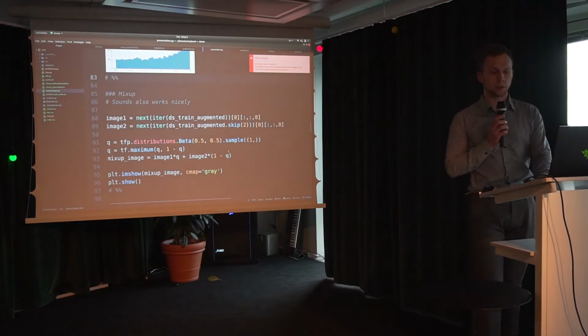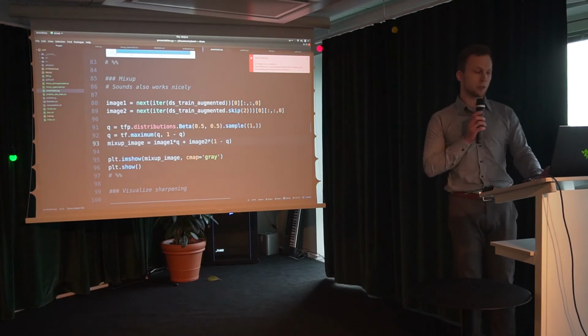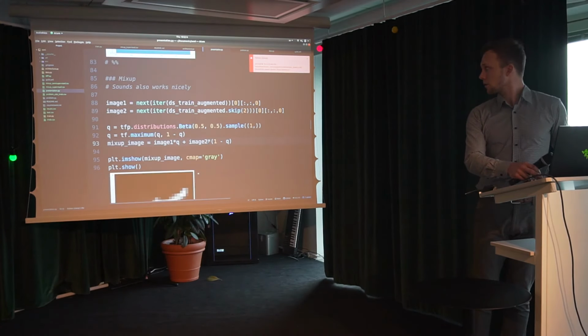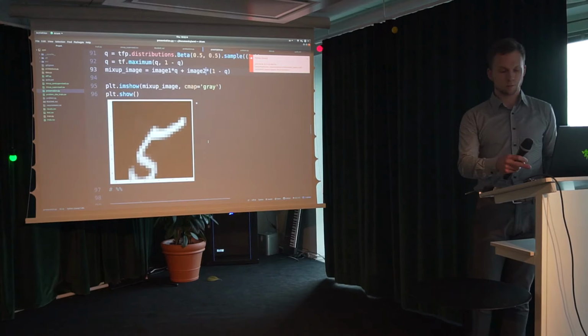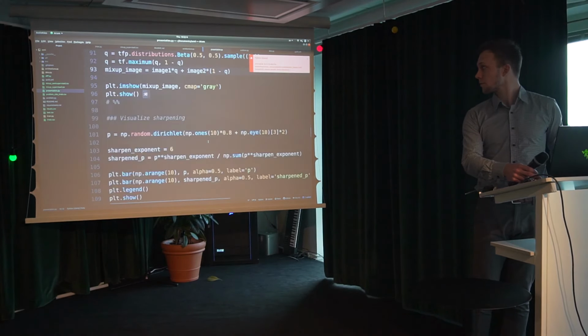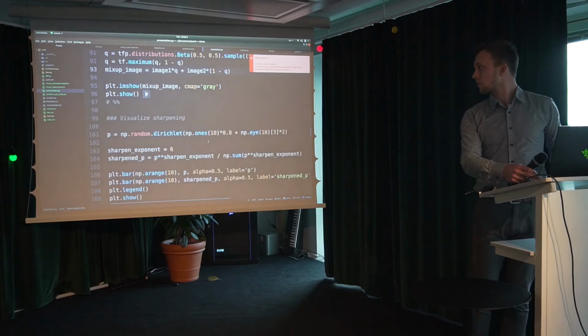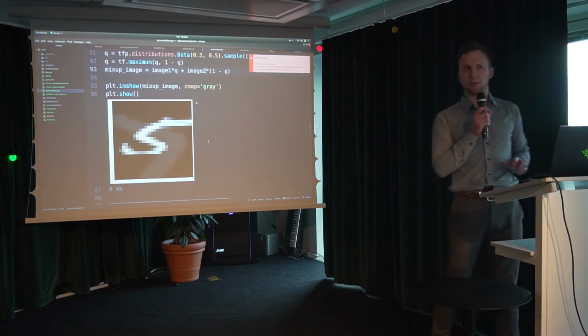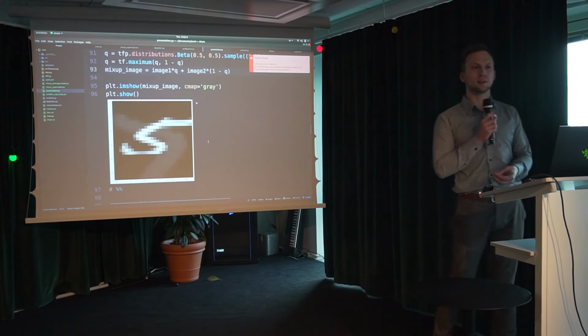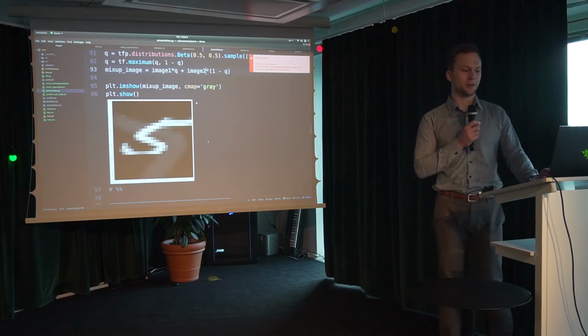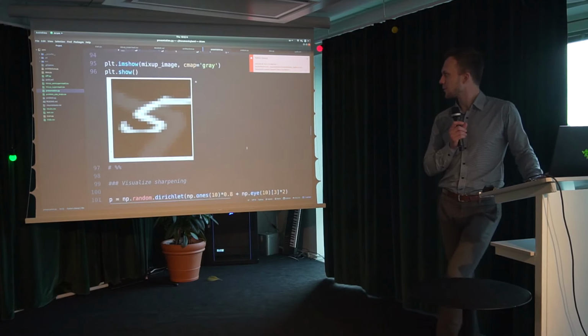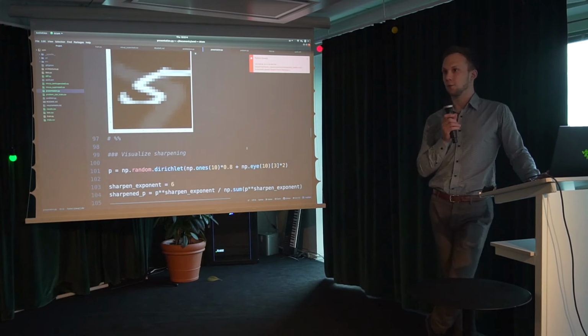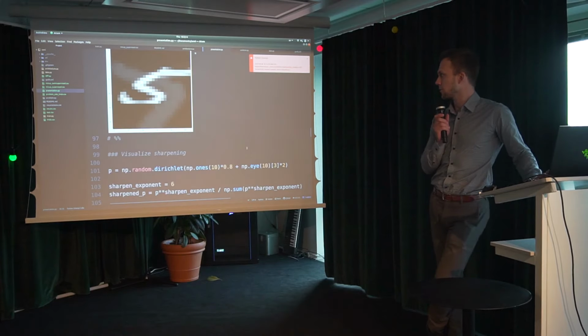When we combine them together, I can show you a couple of examples. Like I said, it's not super obvious that this is a good idea to mix up like this, but that's what the data will look like for the model when it's training.